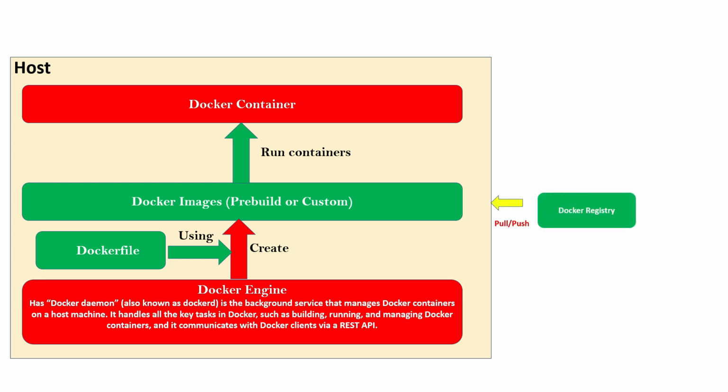And to share the images with others in the team, or with some other respected owners, we have Docker registries. And not specifically Docker registries, you can have multiple kinds of registry. As we explained in the previous sessions as well, there are a lot of cloud service providers providing different kinds of registries. So you can use any of the registry services according to your requirement, or if you require, you can create your own on-premise registry as well.